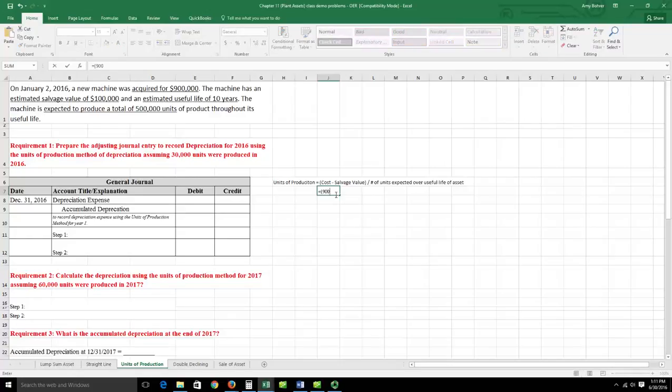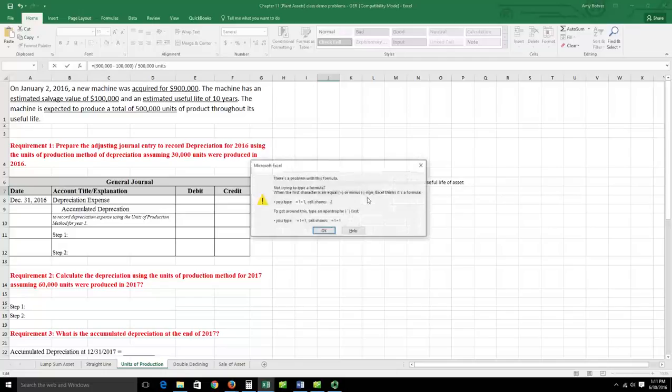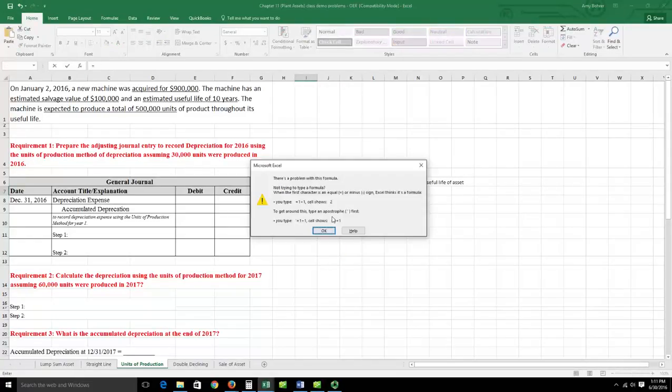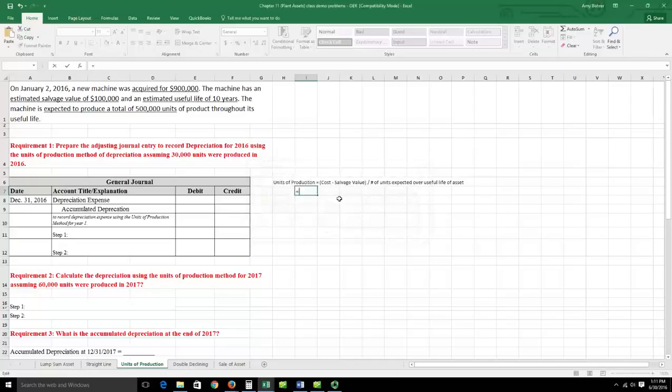Our cost is still $900,000. The salvage value is still $100,000. So that's going to be our numerator. But now, instead of dividing by 10 years like we did with the straight line method, we're going to divide by the total number of units that are expected to be produced over the life of this asset. So 500,000 units is what they're expecting to be able to produce with this asset. Sorry guys, my math is not coming up great here.